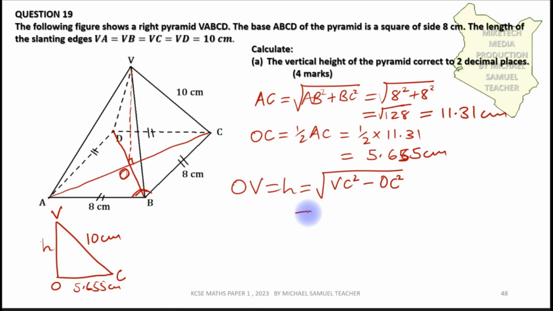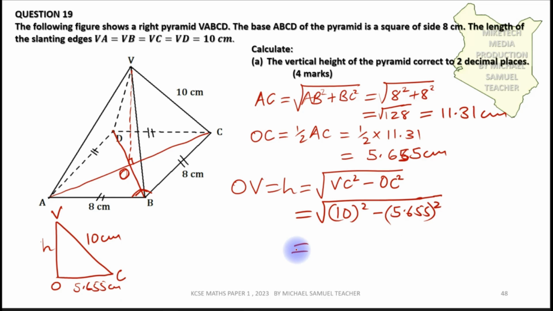This will be the square root of VC, which is 10, squared, minus 5.655, also squared.